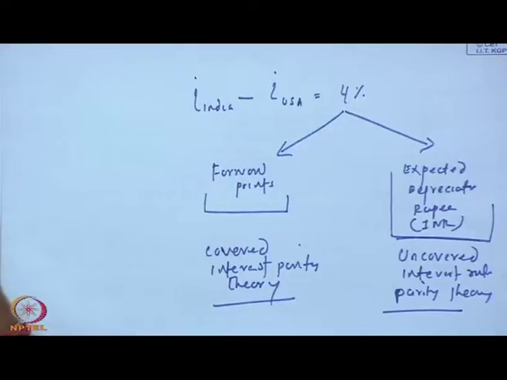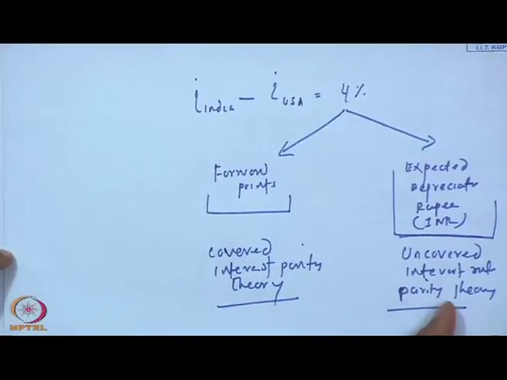So, now come to an international Fisher effect sum problem, so that we will be in a position to understand this. If you see, the problem here is: the nominal interest rate in India is 8.5% per annum and it is 4.5% in USA.